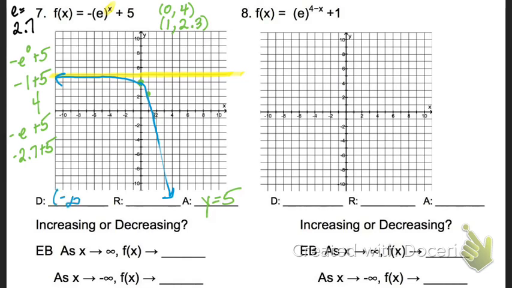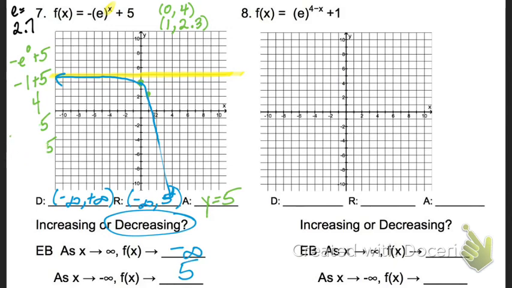Domain, negative infinity, positive infinity. Range, negative infinity, 5. Great. Is it decreasing or increasing? To the right, it's going down. As x is going to the right, y is going down. Good.